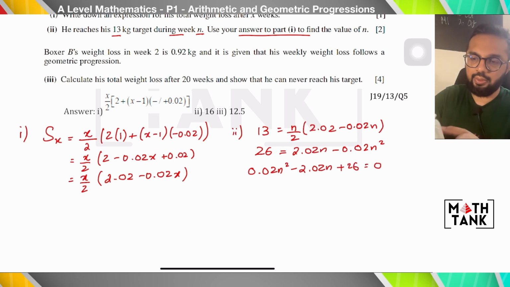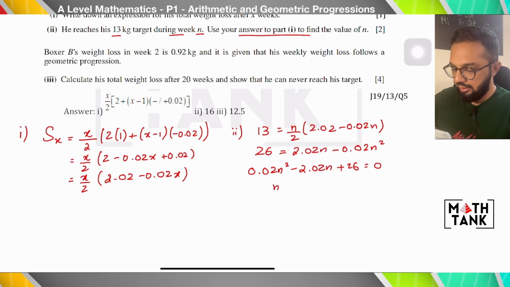Putting this on my calculator, let's see what I get. I get two answers. I'm getting n equals 85.85 and n equals 15.14.